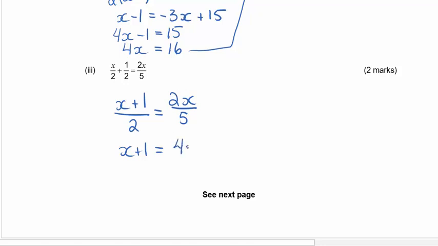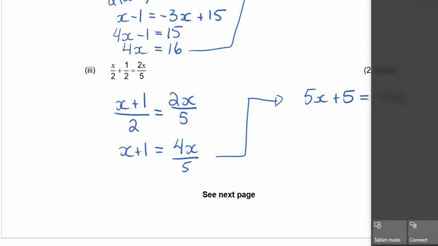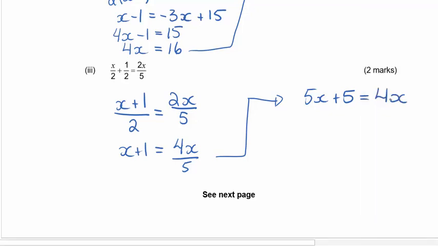I get 4x over 5, and now I'm going to multiply my 5 over to this side, up over here. So I get 5x plus 5 because I have to give it to each piece of this side of the equation. Alright, and that leaves me with 4x on this side.